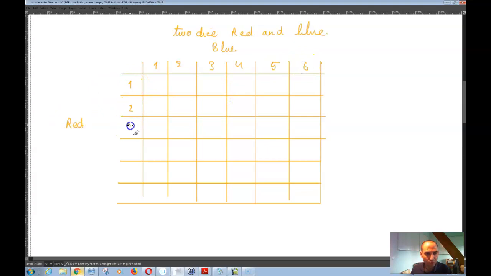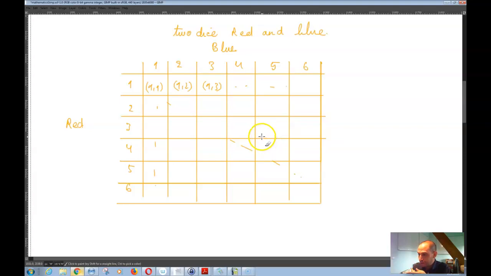Then you would get 1,1 here, 1,2, 1,3, and so on. All of these 36 elements, 6 times 6, would be the sample space of this experiment.